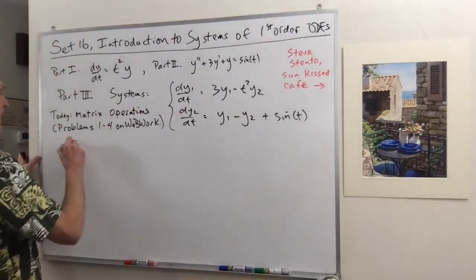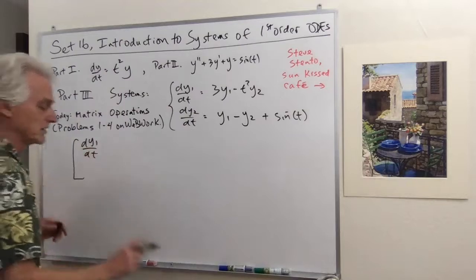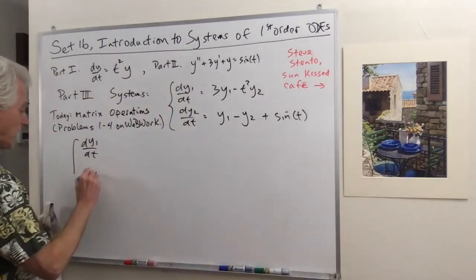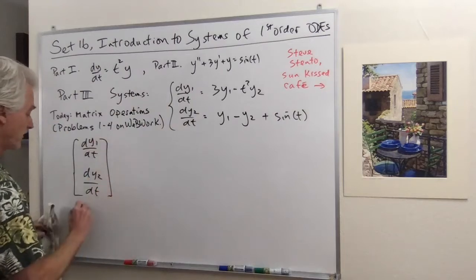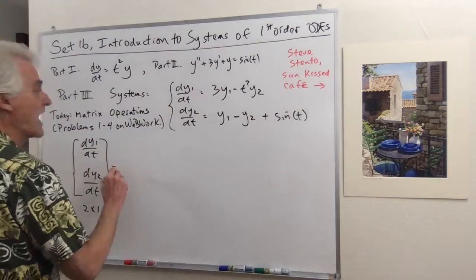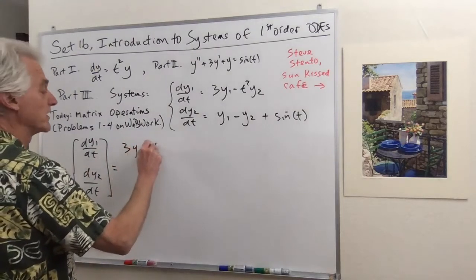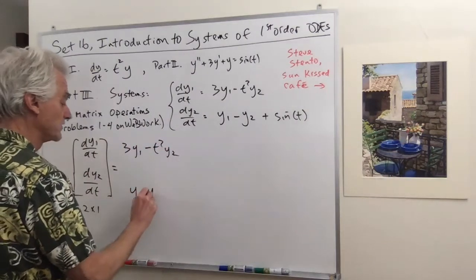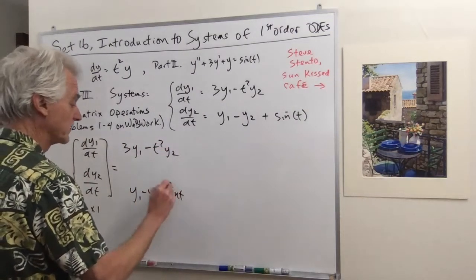I can write this as dy1/dt is the first component, and dy2/dt is the second component of this 2 by 1 matrix, and that is equal to 3y1 minus t squared y2, and that is y1 minus y2 plus sine of t.